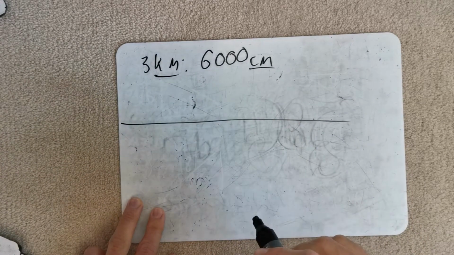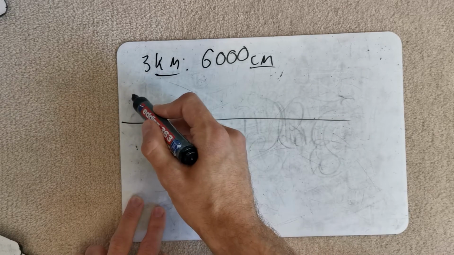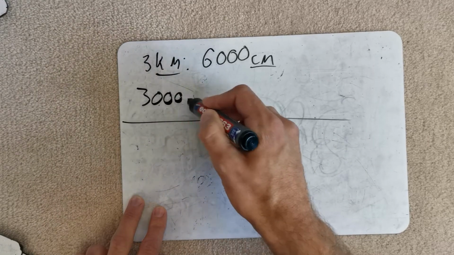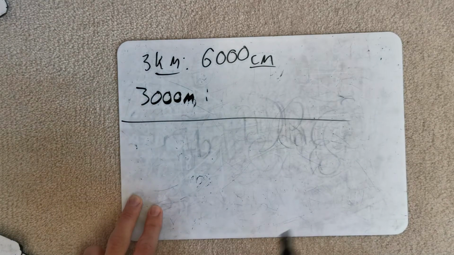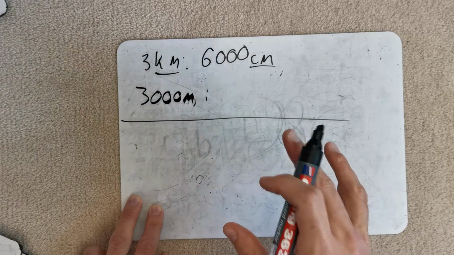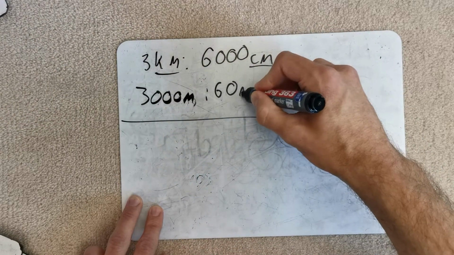Easiest thing to do will probably be turning them into meters. So 3 kilometers, of course there's 1,000 meters in a kilometer, so this is 3,000 meters. 6,000 centimeters, be careful, there are not 1,000 centimeters in a meter, there's 100. So divide this by 100, you're going to get 60 meters.